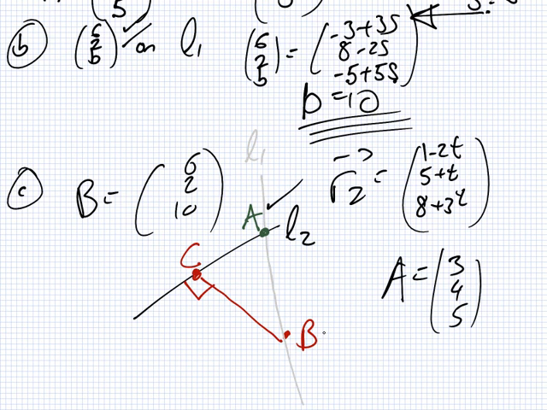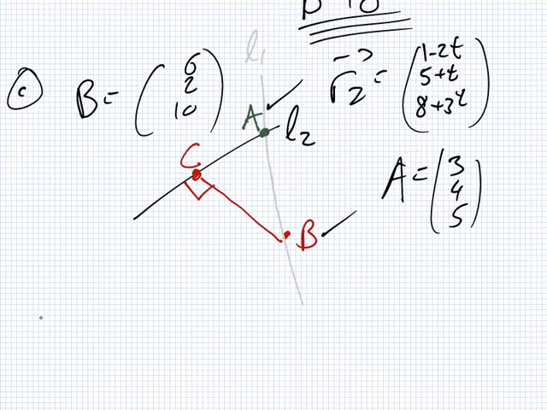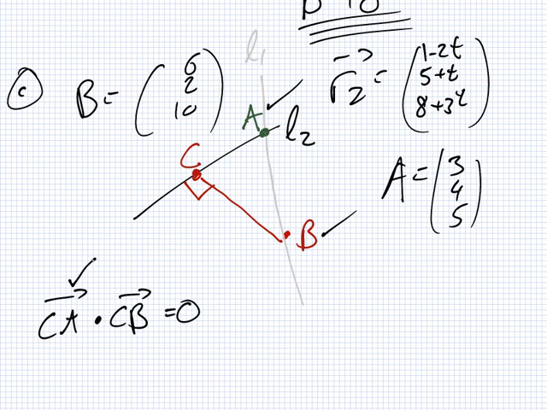We know this. Yeah, you can say CA dot CB should equal 0. Do you know A? Yes. Do you know B? Yes.